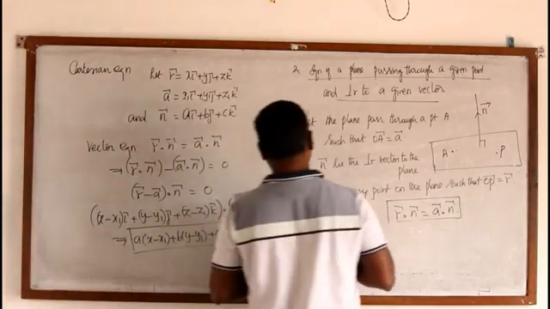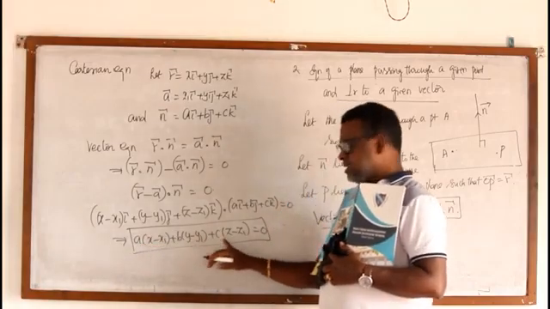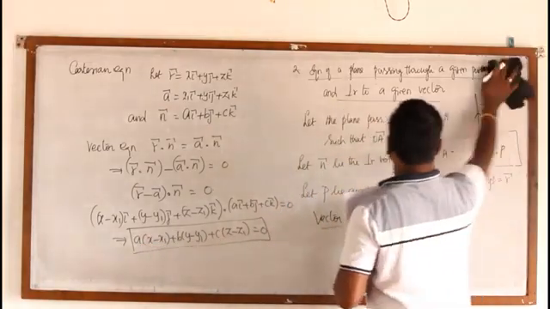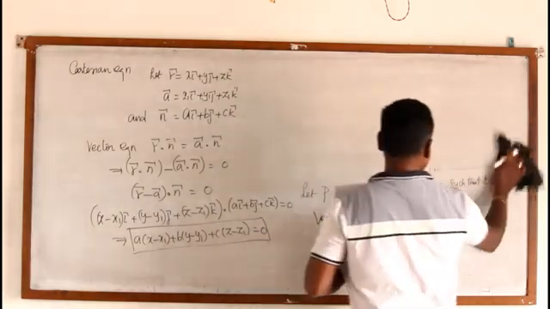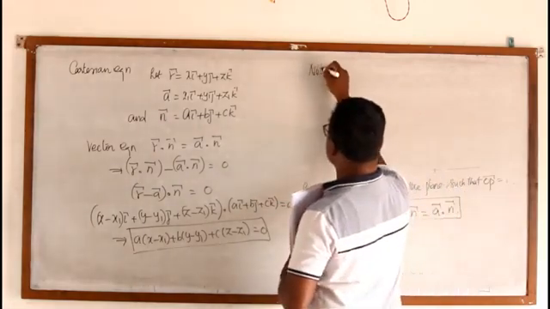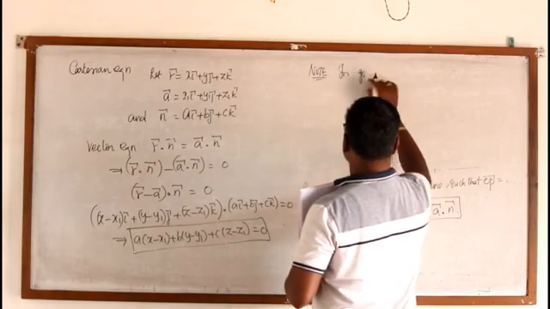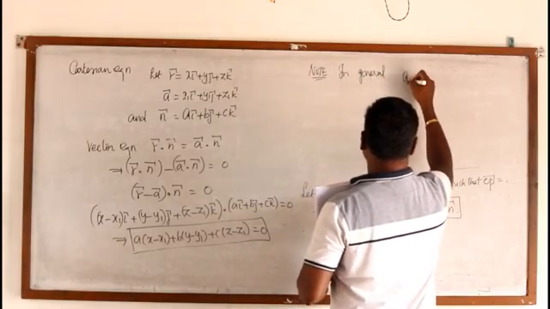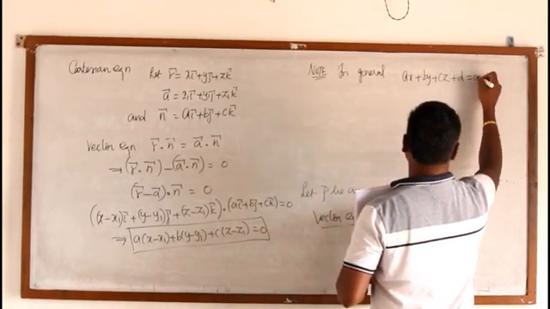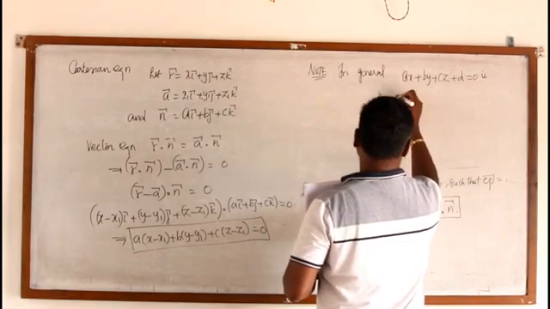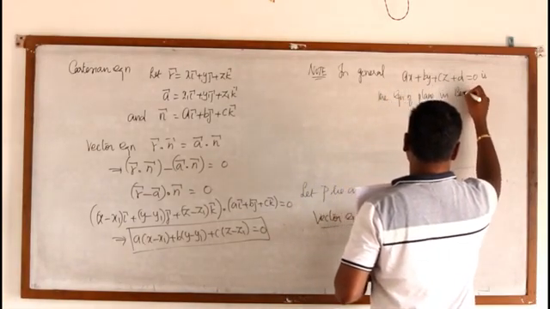In general, can you see a plane has an x coordinate, a y coordinate, a z coordinate, and then a constant. So take it as a note: in general, ax plus by plus cz plus d equal to 0 is the equation of a plane in Cartesian form.